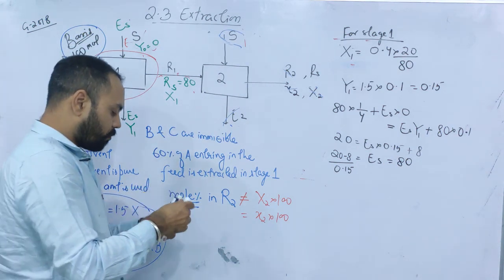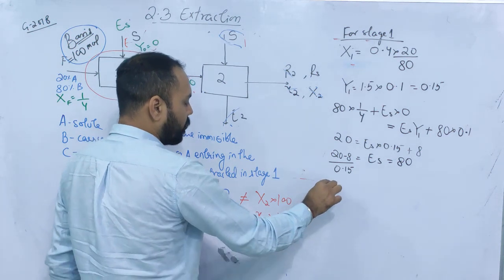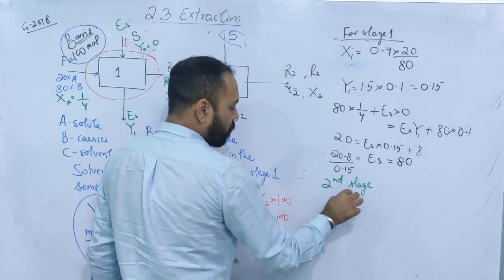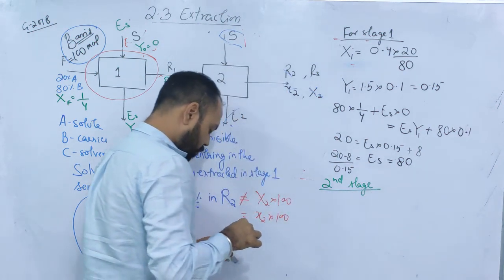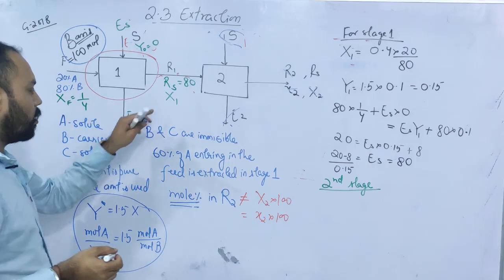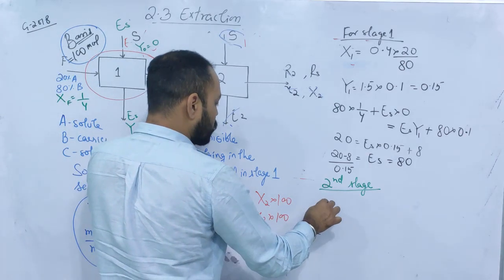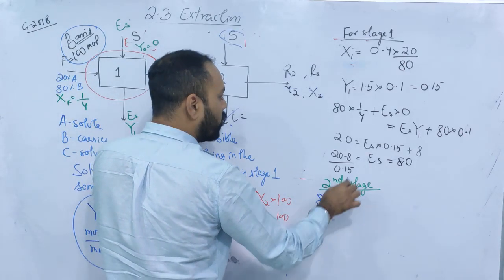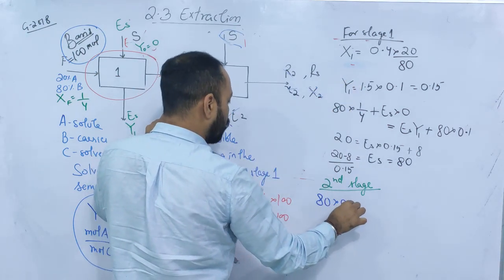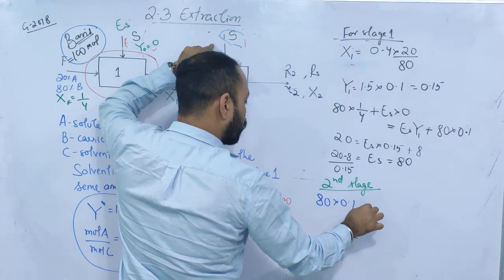Okay, so for the second stage, let me write the component balance equation, which is 80 multiplied by X1. What was X1? We already wrote, that is 0.1, plus what is entering from the top? 0.